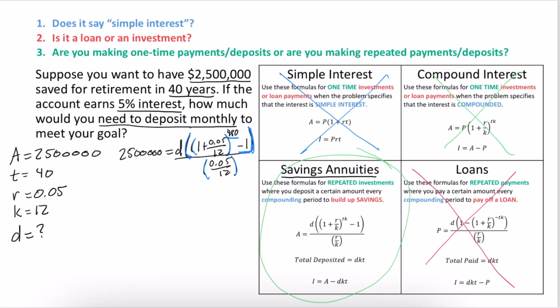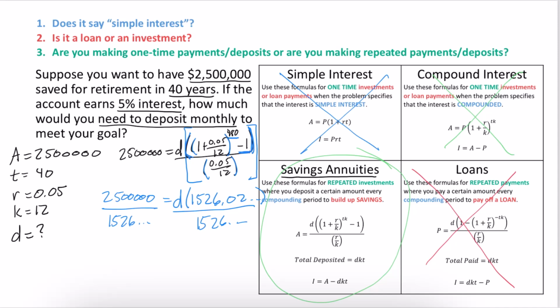And once you've simplified that whole fraction section here, you should end up with D times 1,526.02, and this decimal keeps going, and that equals 2.5 million. And so to figure out what D is, you would just take both sides and divide by this decimal number.